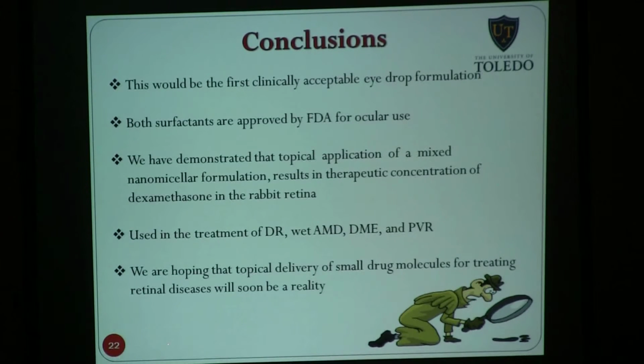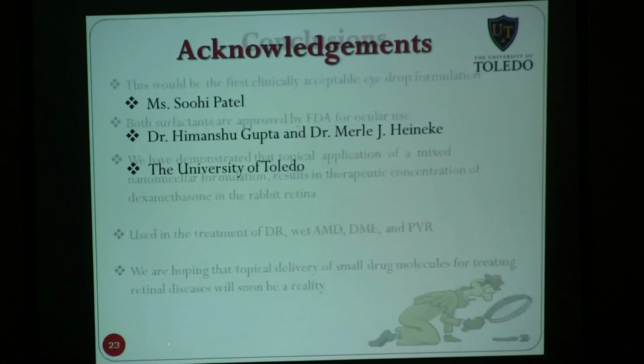And we have demonstrated that topical application of a mixed nanomicellar formulation results in therapeutic concentrations of dexamethasone in rabbit retina, and this formulation can be used in treating other diseases such as diabetic retinopathy, wet age-related macular degeneration, diabetic macular edema, and PVR. And we are hoping that topical delivery of small drug molecules for treating retinal diseases will soon be a reality. Thank you.